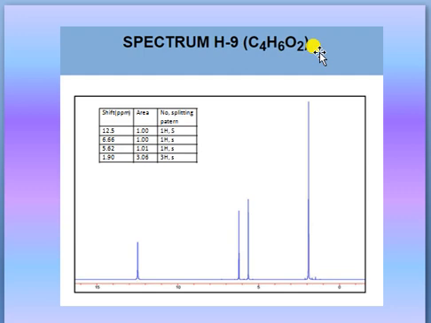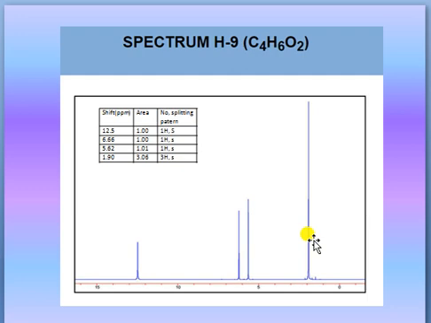There are 4 carbons and 6 hydrogens, so definitely a CH3 group. The CH3 group is a singlet, which means there will be no splitting at all.